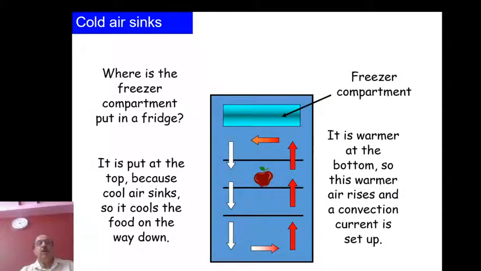Another example of convection is the refrigerator, where the freezer compartment is put in a fridge on the upper side.